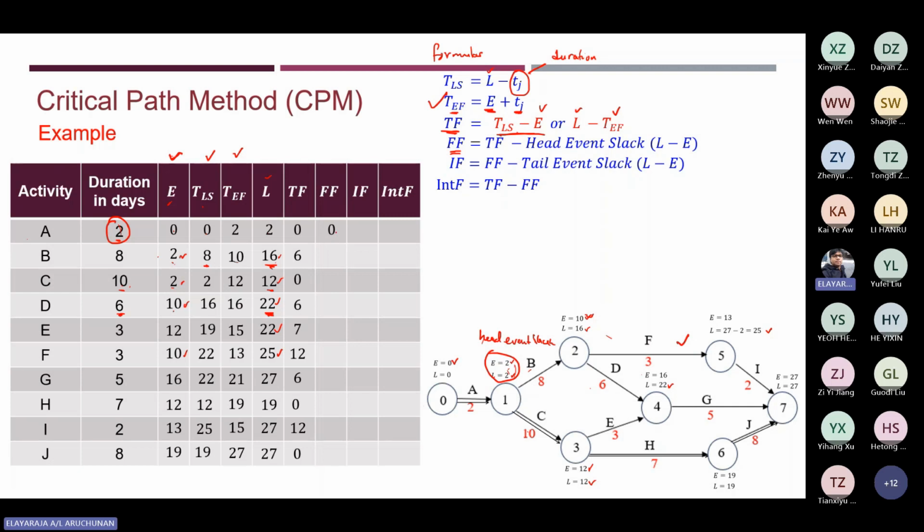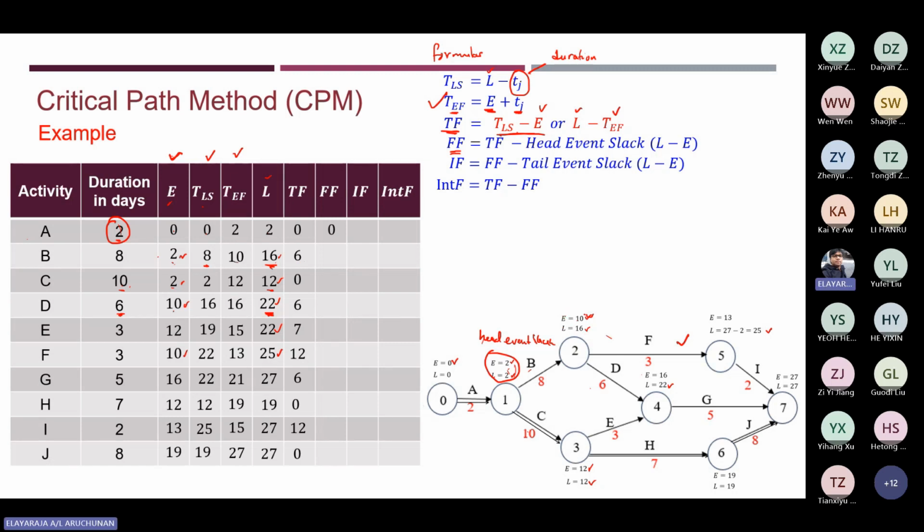Now again, for activity B, the total float we obtained is 6. So 6 minus the head event slack.